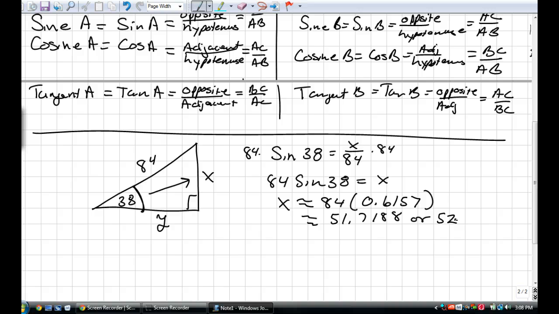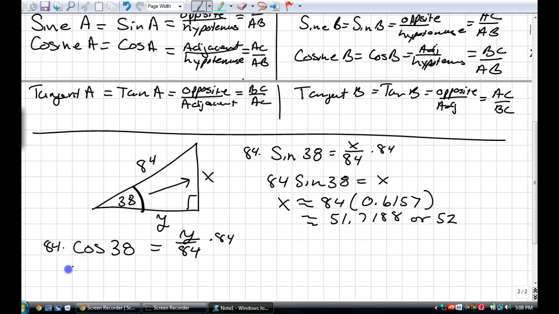So to find y, I look at the angle and I say, y is adjacent, and I know the hypotenuse, so I would use cosine. So cosine of 38 degrees is equal to y over 84. Then I would solve for y by multiplying both sides by 84.